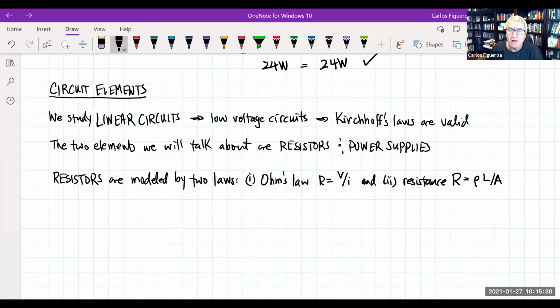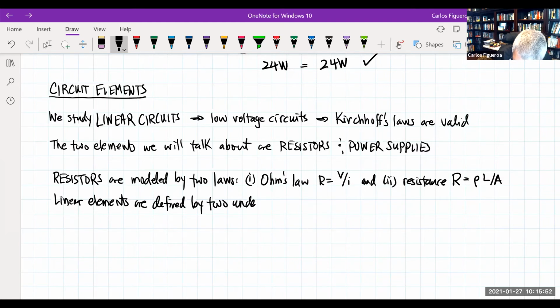A linear model has a very specific definition without any doubt. Linear elements are defined by two underlying principles.